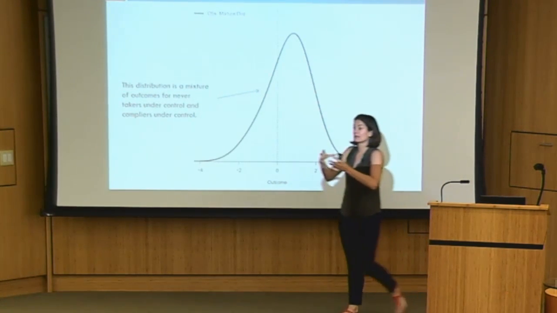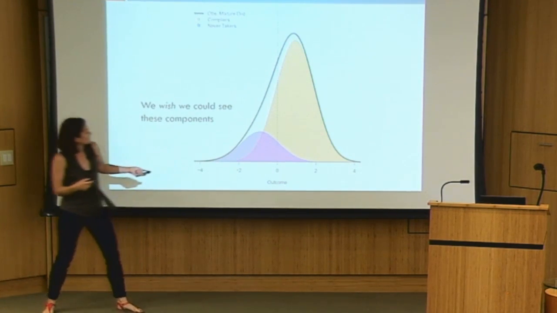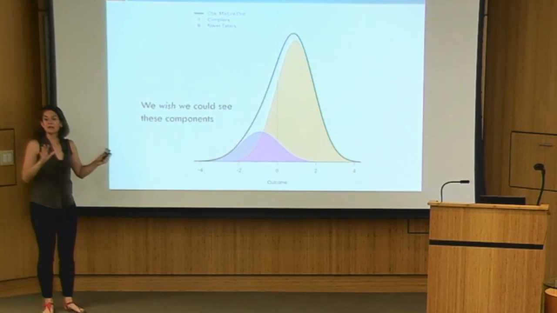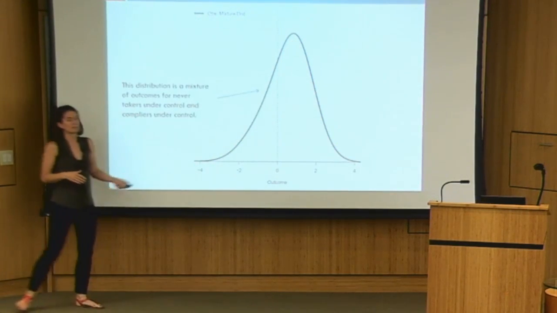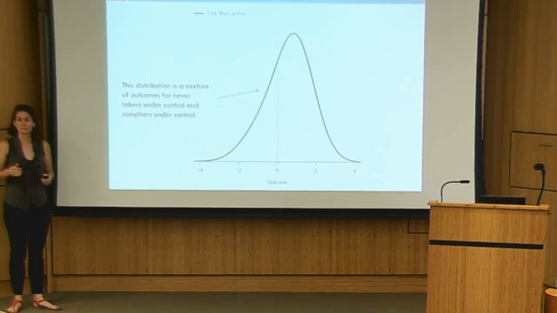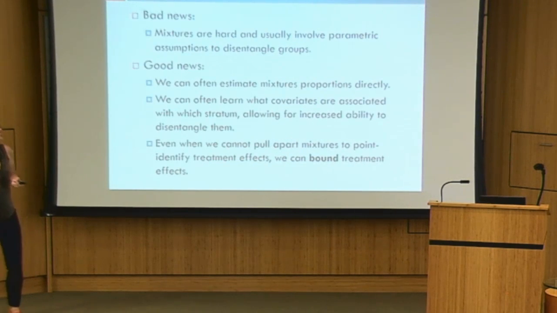Ideally, we'd like to be able to pull apart those two distributions. So in reality it looks like that. We have two different distributions, but all we're able to see is that. Okay?